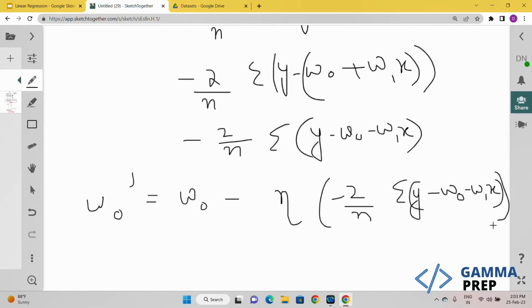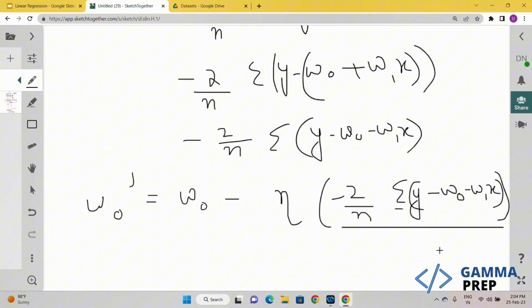Here we have the summation, that is, for every updation we need to take all the y's and the x's of the training points into consideration, and scan the entire database to figure out this dou E by dou W0, because we have all the points.